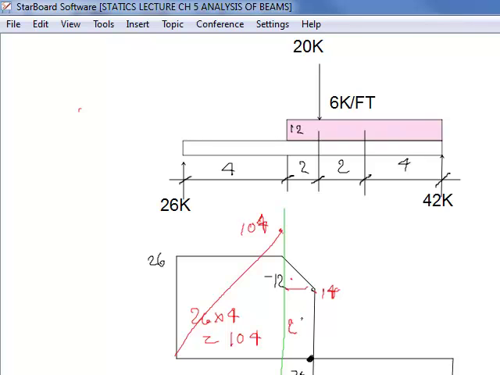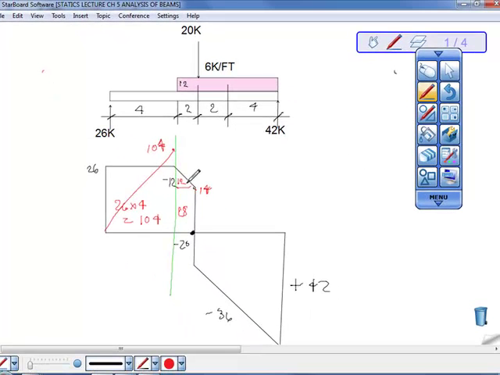And then the area of the triangle, because you're coming down 12, is 12 times 2 divided in half, so it'd be 12 again. So 12 and 28 is 40, right? So we're going to go up another 40.